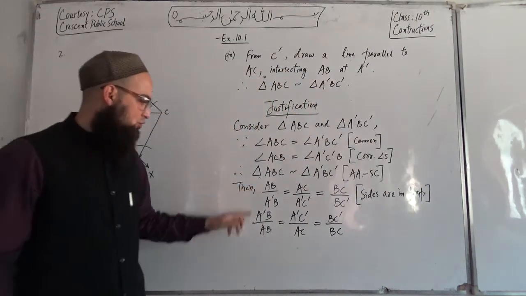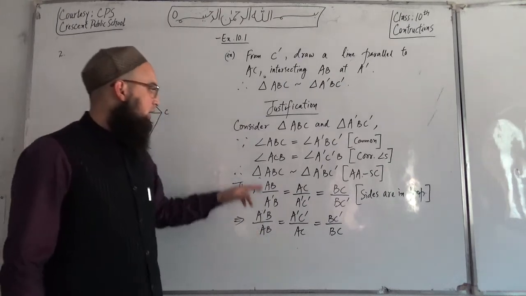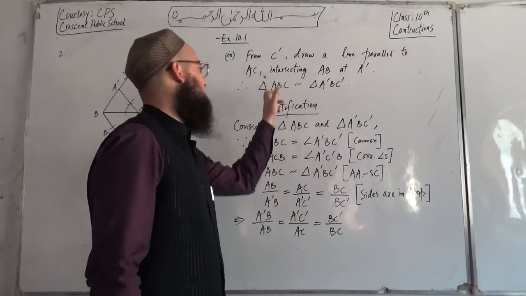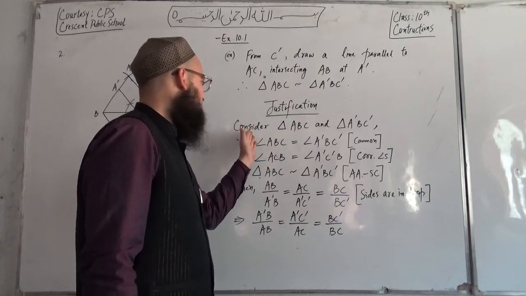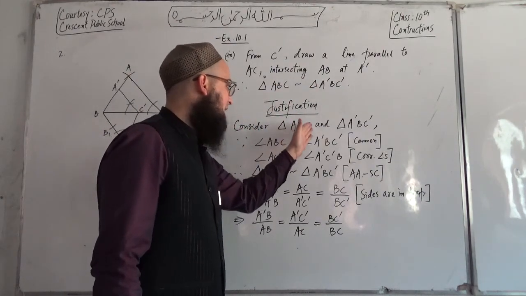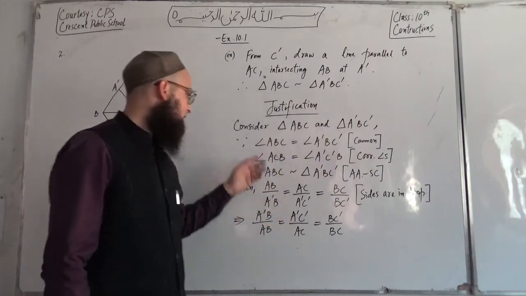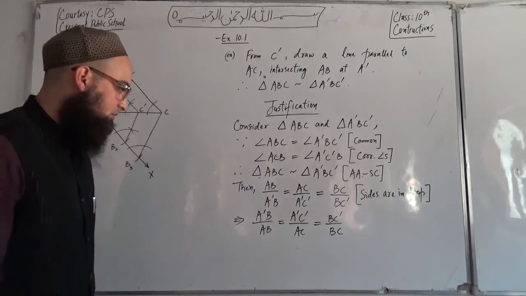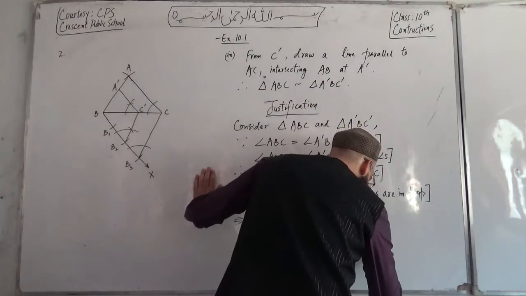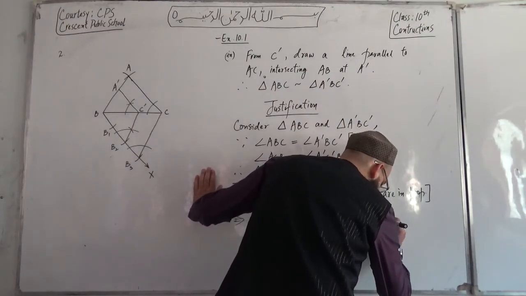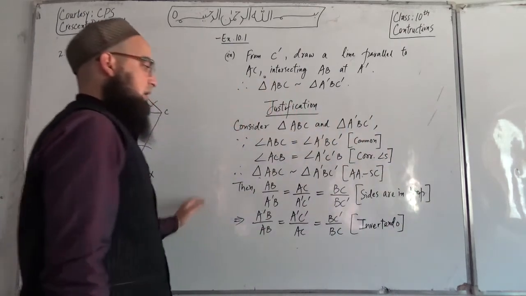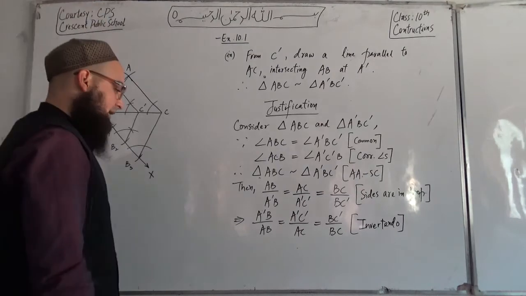There is no need to do the reciprocal if you would have started from this. Therefore, triangle A dash BC dash is similar to triangle ABC. Then you would have considered A dash BC dash and ABC, the opposite of it. Then you go like this, and you would have got the same result. This is invertendo. You got it?